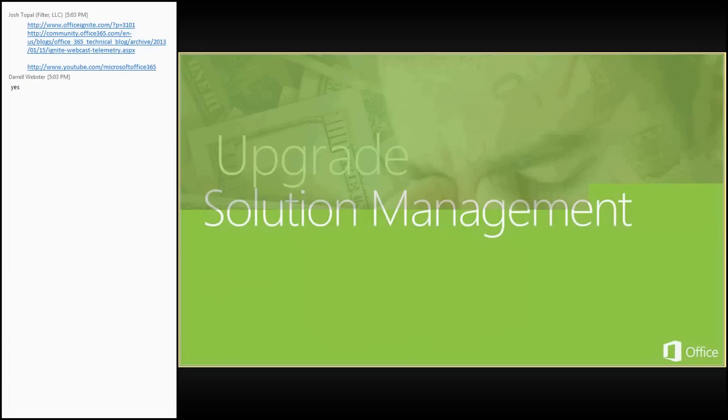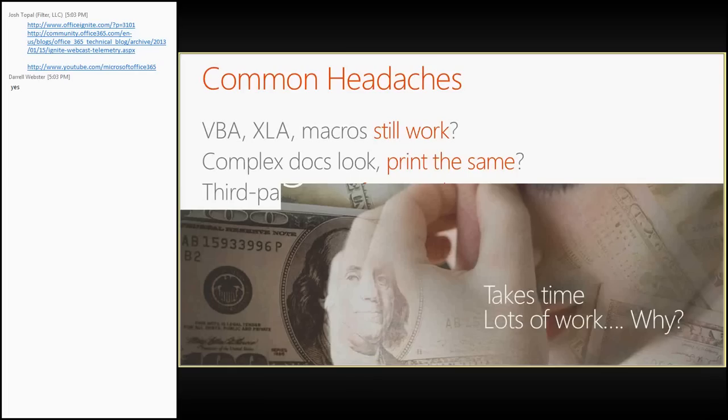Or are third-party apps still functional, or not working properly? Or has some change happened so that a solution that used to run fine is now calling a deprecated API, and now it's extremely slow and the load time is slowed down by a faulty add-in? These are some common headaches that we want to help you, the IT pro, identify ahead of time.